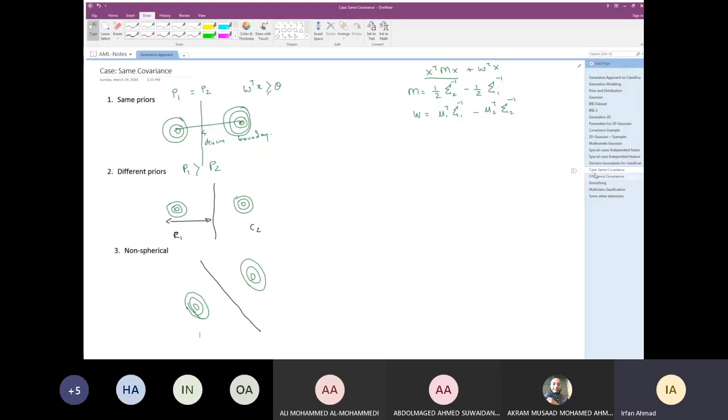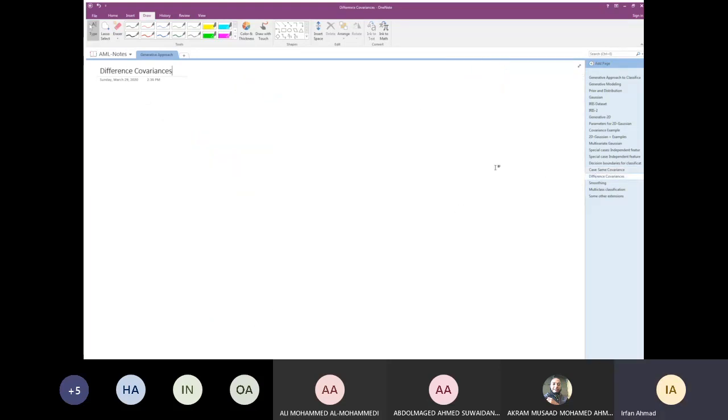Now, what about if the covariances are different? What happens if you have different covariances? So assuming now that you have two distributions, again binary classification. I'll use the green.